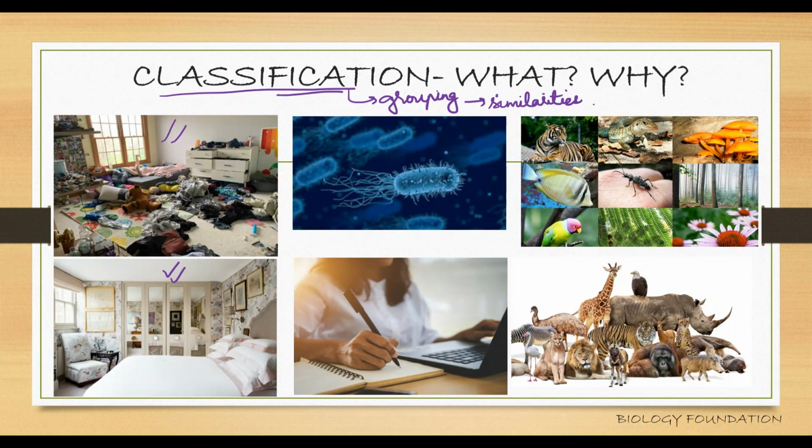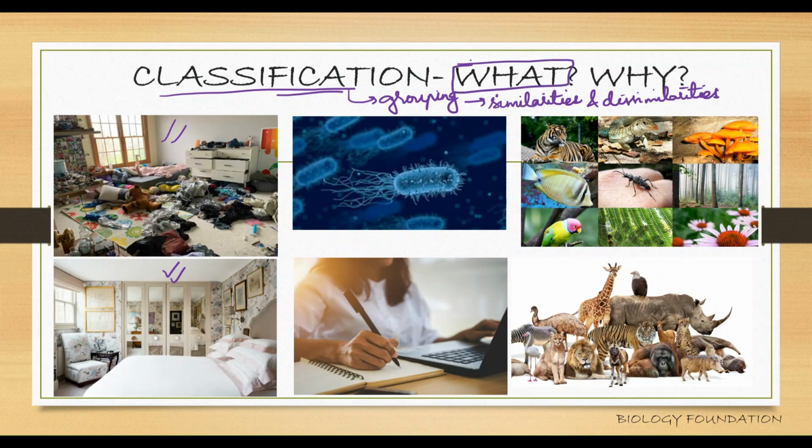So, based on similarities and dissimilarities, we start grouping the organisms. This process is called classification, where those members which share particular features are kept in one group, and those that differ from those features are kept separately. Okay, that is called classification. So that's what means classification.